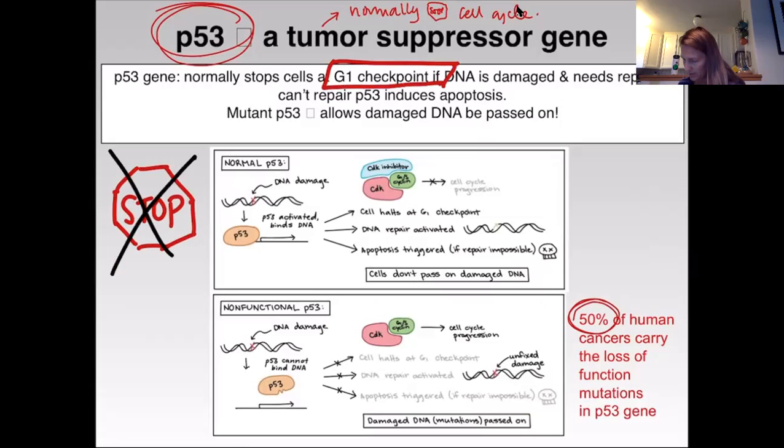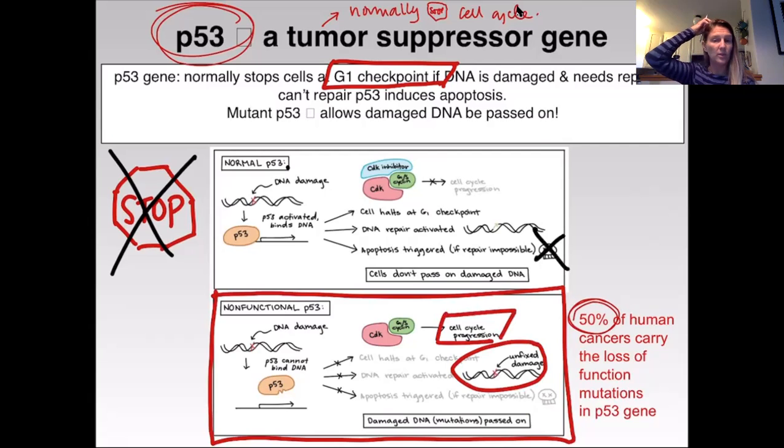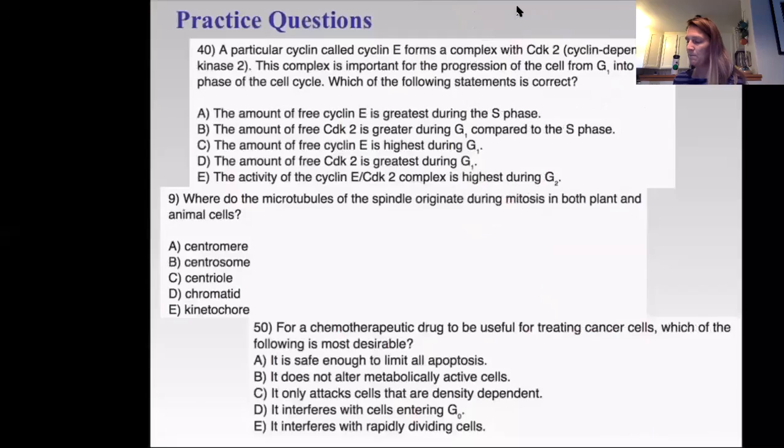So if we look down here at the non-functional p53, even if you have unfixed or damaged DNA, you still get cell cycle progression. Whereas with normal p53, if there's damage, the cell doesn't want to pass that on, and it'll stop, and the cell may go through apoptosis.